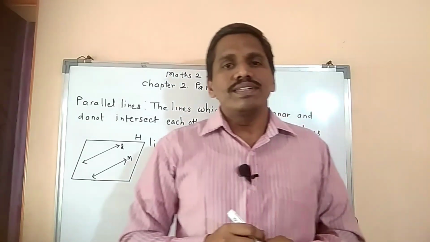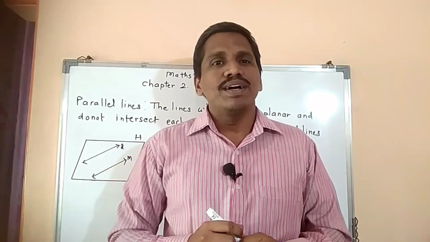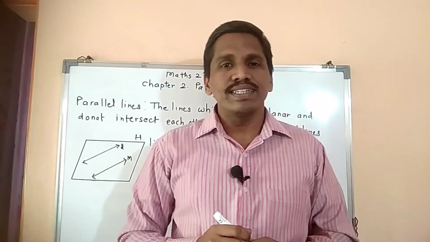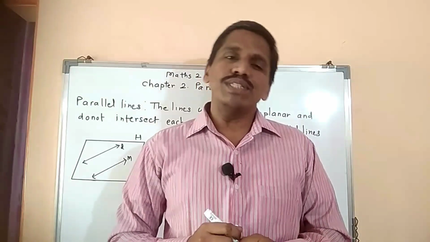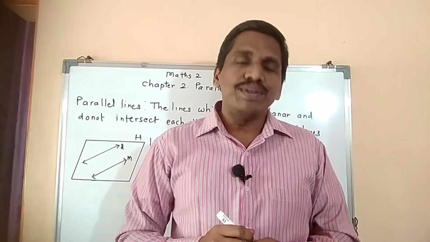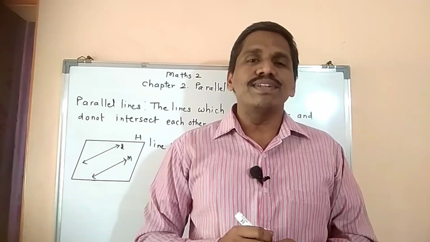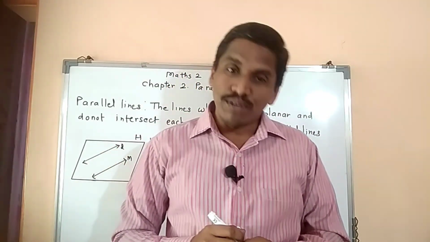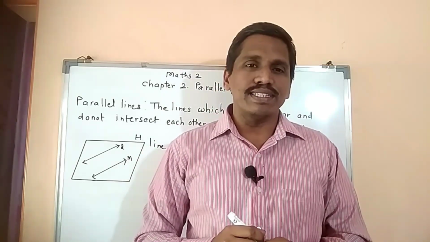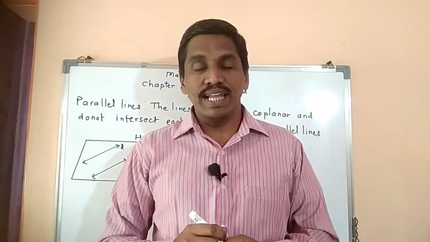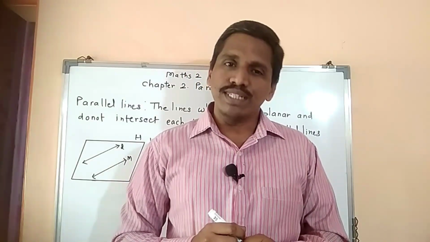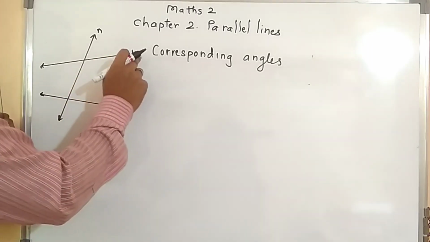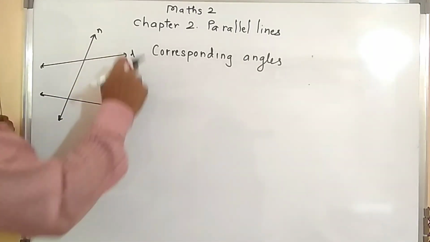Last year, in 8th standard, we have studied that when two lines and their transversal intersect, the angles which are formed make different types of pairs of angles. Those are corresponding angles, interior angles, and alternate angles. Let us revise what we have studied last year. Here, line L and line M are two lines.